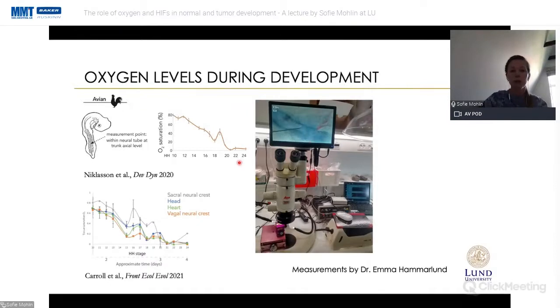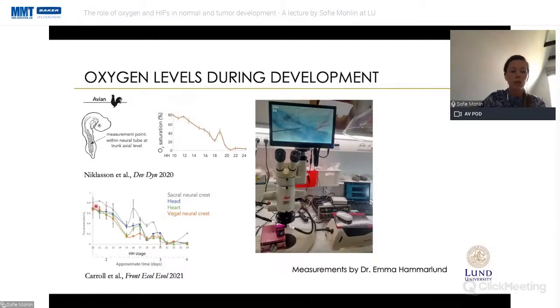Emma and her group very recently published another paper where they looked even more into this. So here they measured oxygen at other places: the sacral neural crest at the very end part of the tail of the embryo, the vagal, which is just above the trunk, in the head, and in the heart itself.